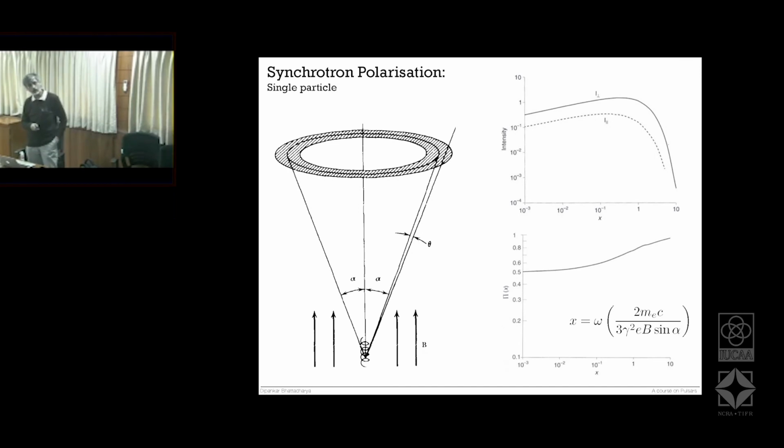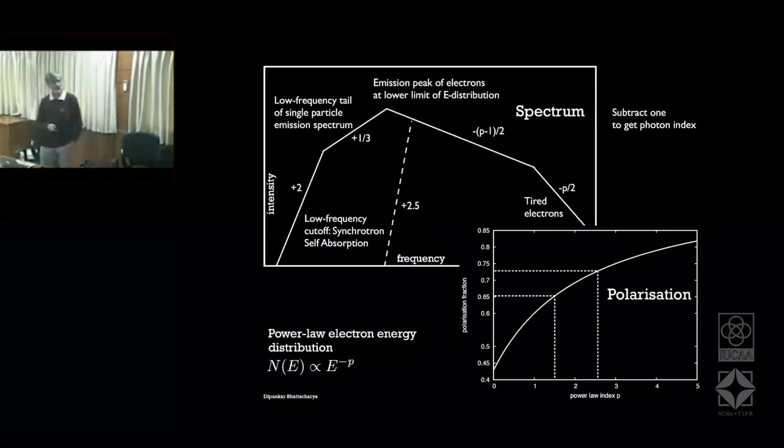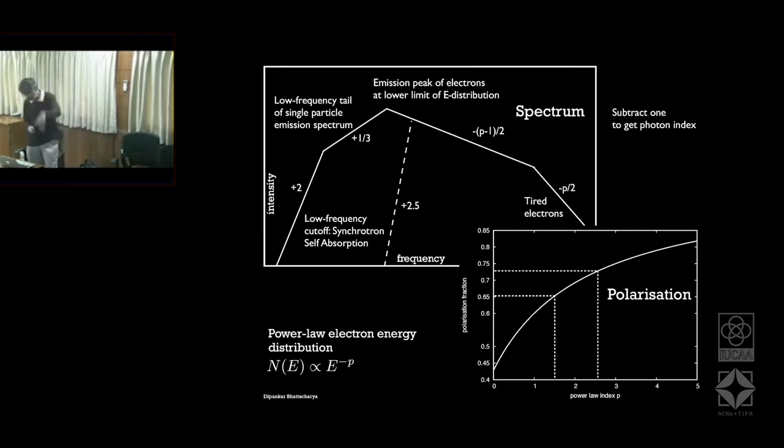So corresponding to each frequency, you can then find a particle for which the peak frequency lies at the frequency of observation. So that's what is happening here. If you have a particle of lower energy, after the peak frequency, the emission drops dramatically, so that doesn't contribute here. If you take a particle of higher energy, those are much fewer in number because of the slope, so they don't contribute here.